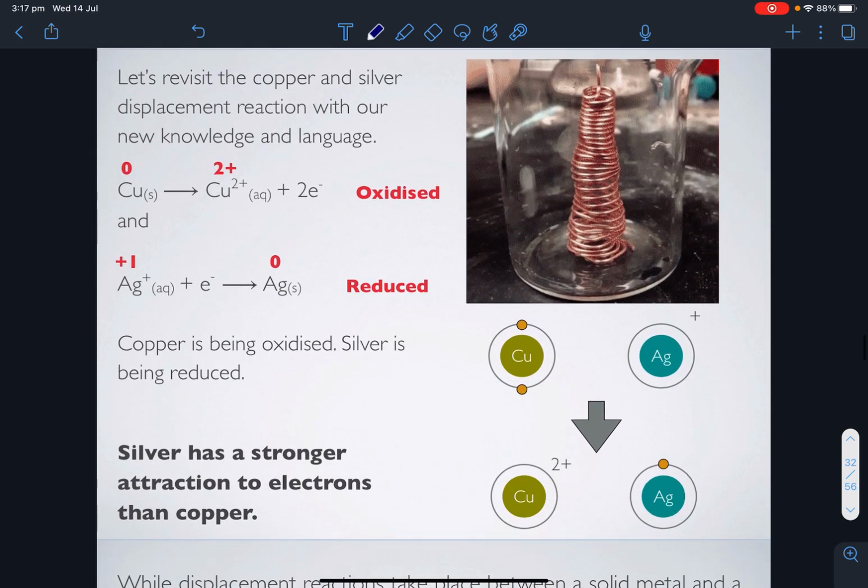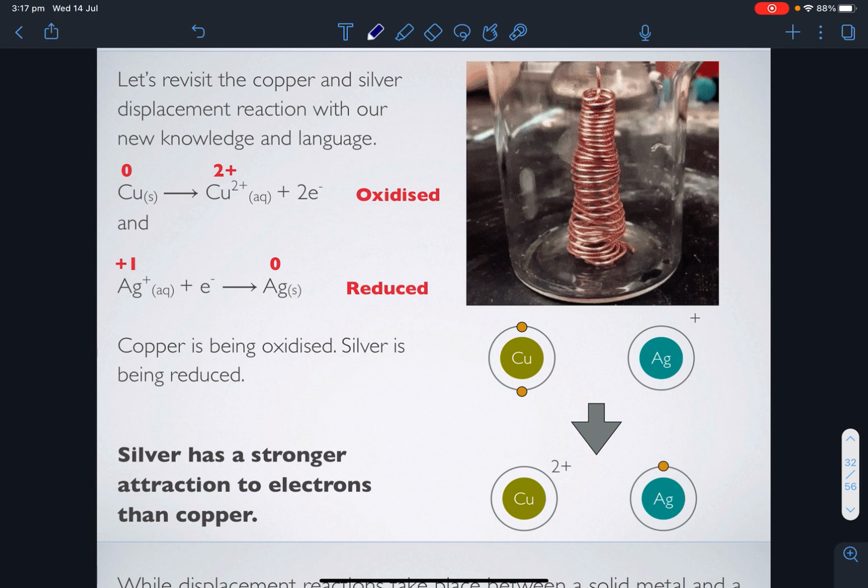So let's revisit this one from a couple of videos ago. We had copper in a beaker, copper wire, and we put silver nitrate in there, or silver plus, and we saw a displacement reaction happen. So we had silver plus going to silver, and we had copper solid going into solution as copper 2 plus. I know you can't see that too well, okay?